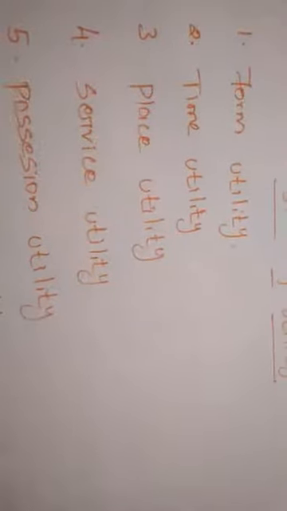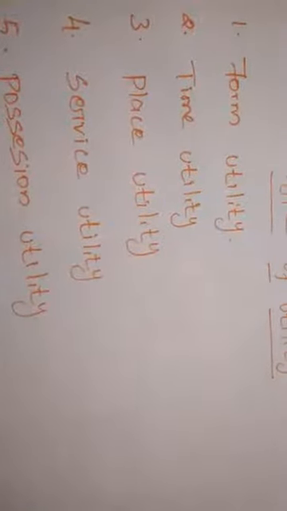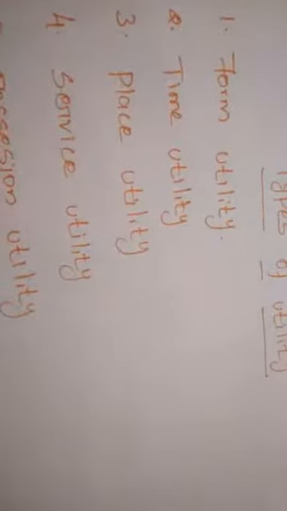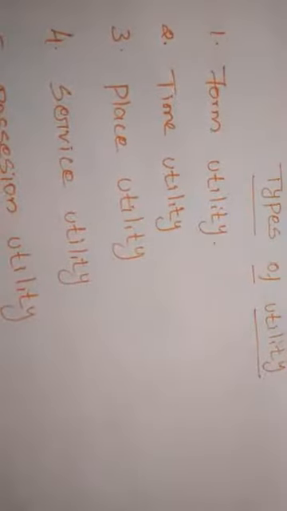For example, different types of foods, fruits or vegetables are produced in different places. But the consumer gets full satisfaction or utility only after purchasing those commodities and using them.